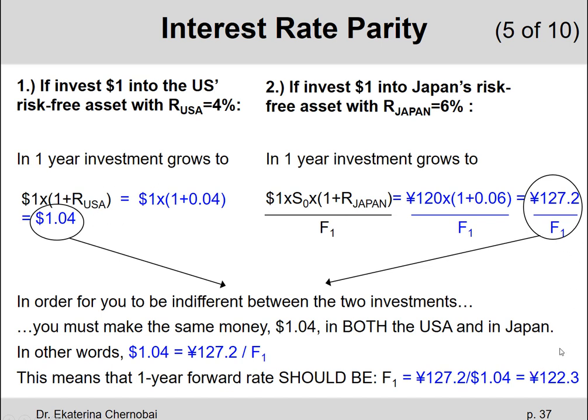That's if the forward rate is lower than what it should be for that indifference between the two countries. So lower than 122.3, such as, for example, 121 yen per dollar.